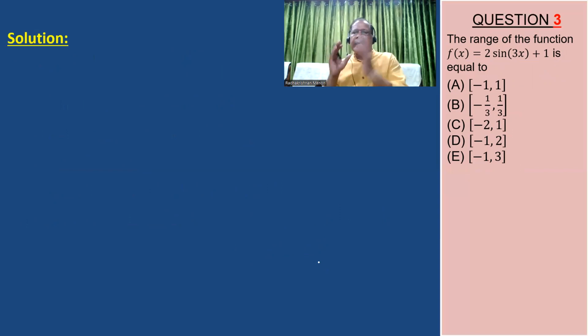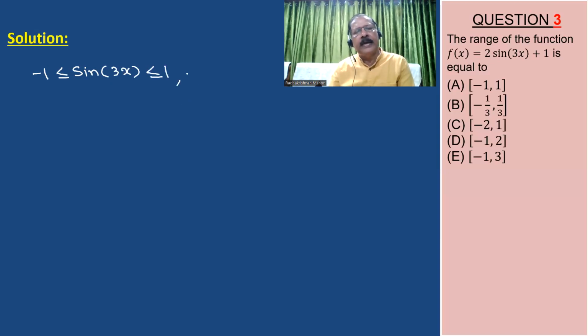So sine 3x, you know, it is a bounded function. That means it always lies in between minus 1 and 1. So you start from minus 1 less than or equal to sine of any angle, that you write as 3x, no problem, less than or equal to 1, for all x.